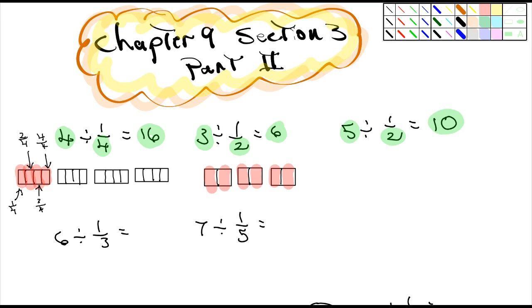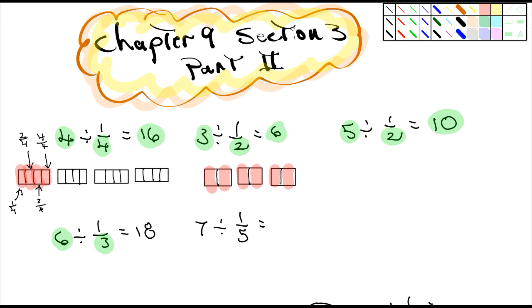Okay. So 6 times 3. What's that equal? 18. So in 6 circles or 6 rectangles or 6 pizzas or 6 blocks of, I don't know, ice cream, if you were to divide them into thirds, there'd be 18 different parts.